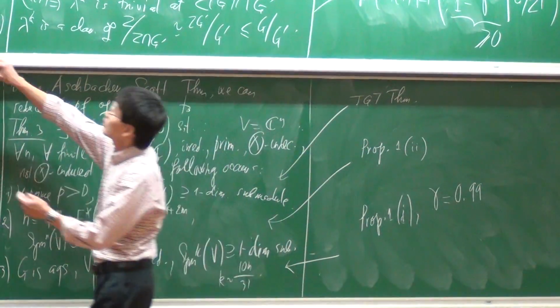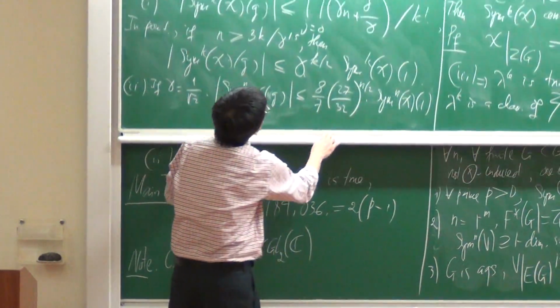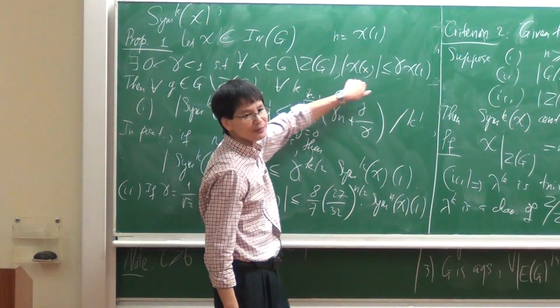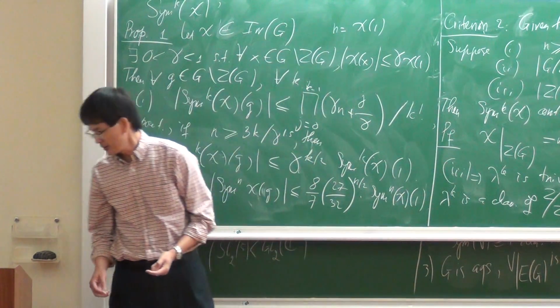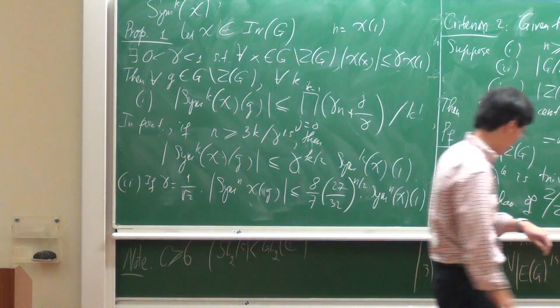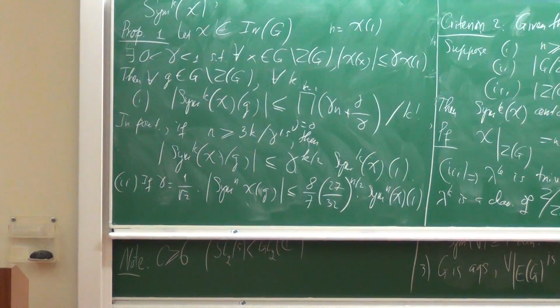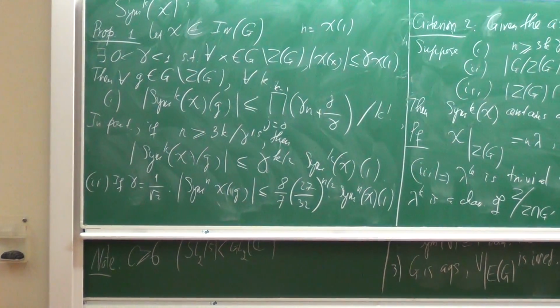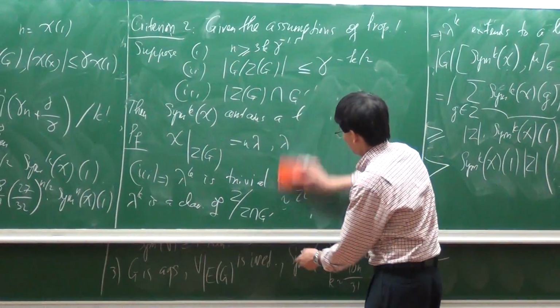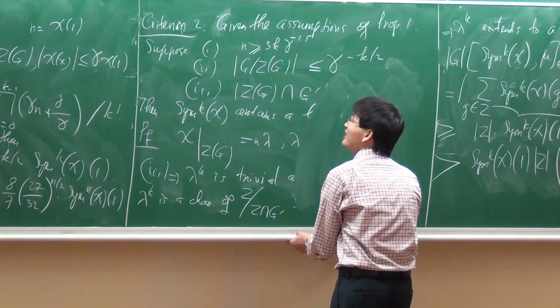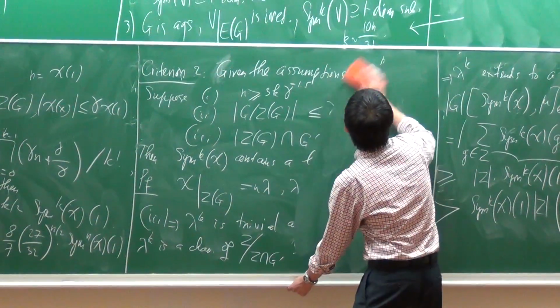So let me remind you what gamma is. I want the gamma so that the character ratio is bounded by gamma, right? Okay. I think now I can erase this. Okay.